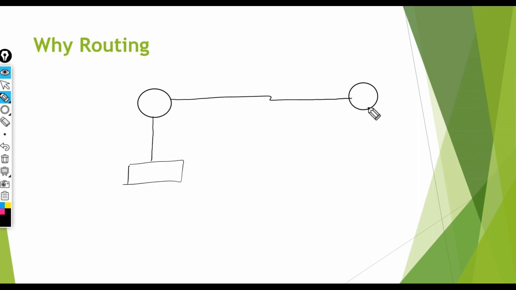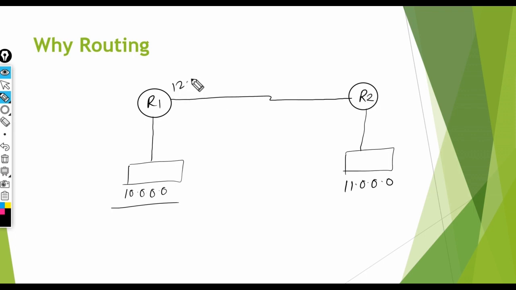Let's say you have this particular router and another router here, and they are connected like this, and you have a LAN segment here and a LAN segment here as well. So let's say this is your 10 dot network, and this is your 11 dot network. This is your router 1, this is your router 2. In between you have, let's say, 12.0.0.1 and 12.0.0.2.